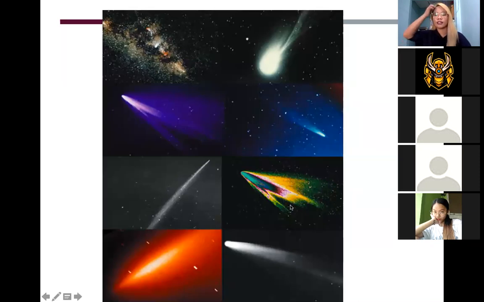Okay, so these are some of the pictures taken from the Hubble telescope or from other equipment used by scientists to observe the skies. So ayan nga, talagang it's like a blinding light pero meron siyang tail. And the tail gets bigger and bigger as it gets nearer and nearer our sun.